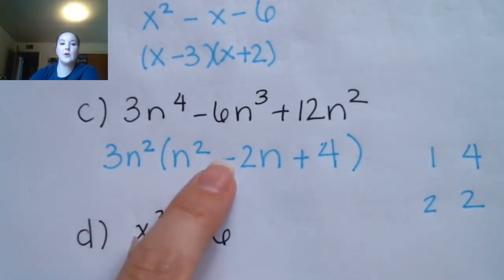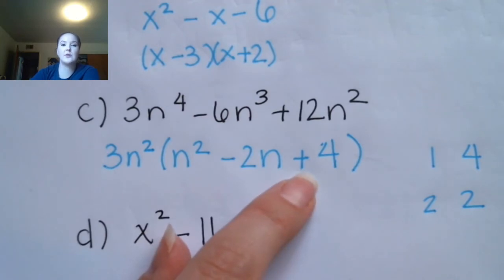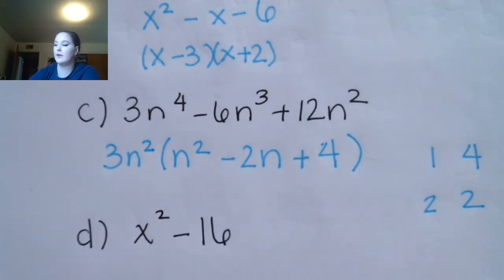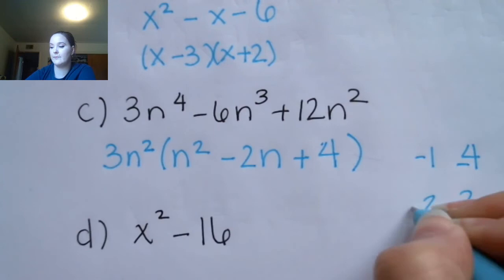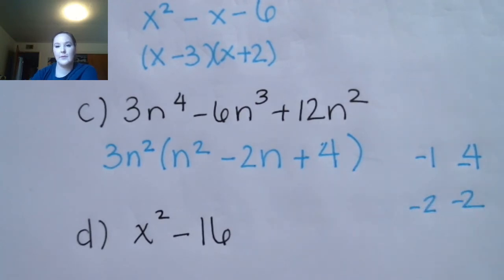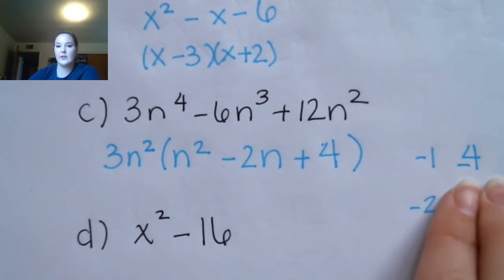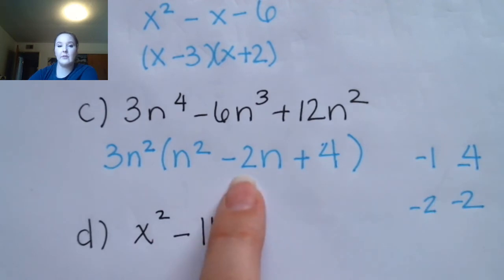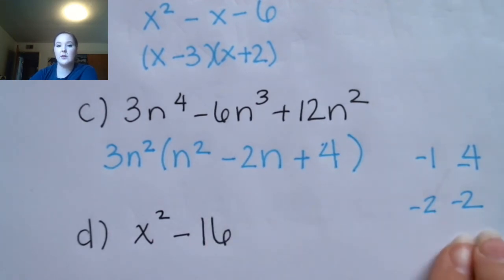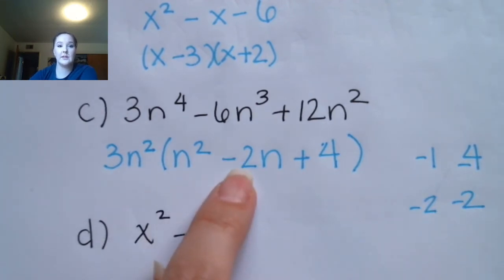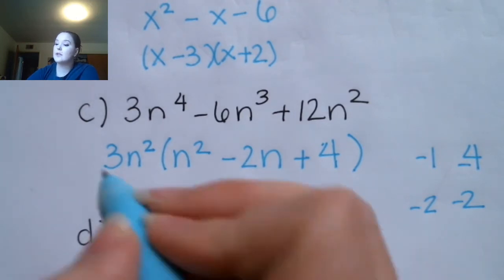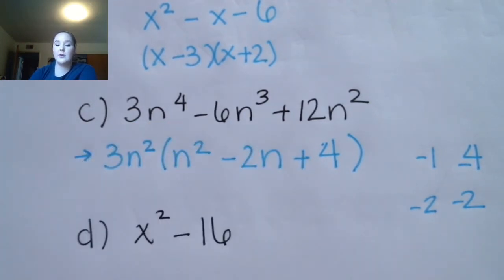We actually know the signs because if they multiply to a positive and add to a negative, they must both be negative. If you add these together, you're going to get -5. That doesn't work. You add these two together, you're going to get -4. That doesn't work either. So what this means is that this polynomial is factored already as much as possible.